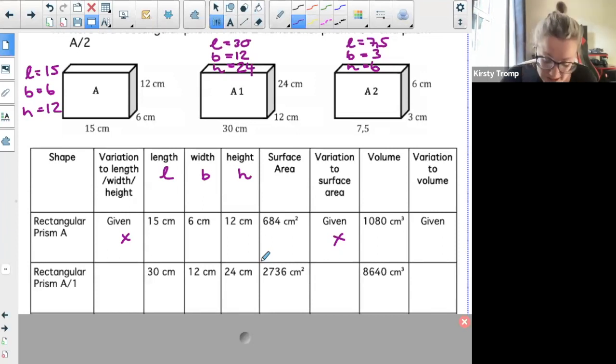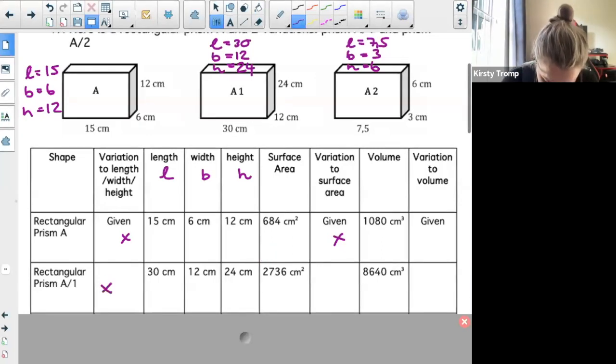And then what do you do to 6 to get to 12? And then 12 to get to 24. What am I doing to the numbers each time? I'm timesing. Good. Well done. I'm timesing them by 2. Thank you so much. So I'm timesing them by 2 each time to get the right numbers.